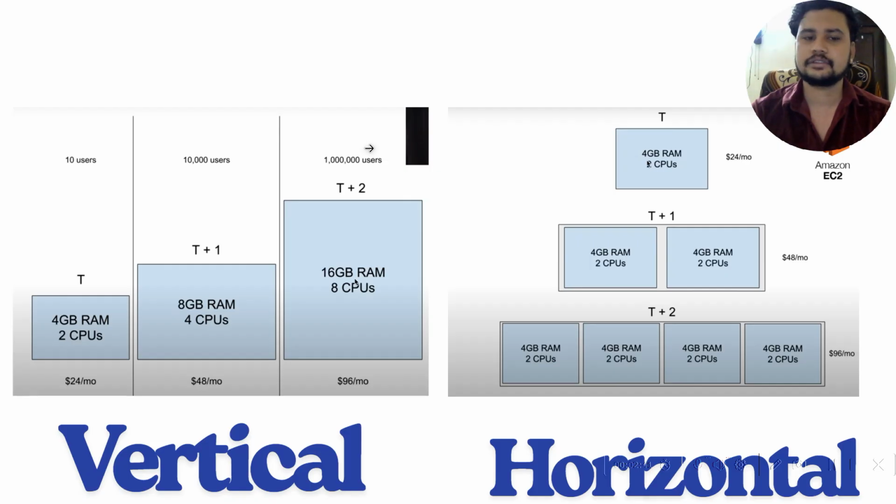Because your application gained popularity, we're gonna scale it vertically from 4 GB RAM to 16 GB RAM, from 2 CPUs to 8 CPUs. Yeah, this is good, but let's consider if the whole server went down, even if you increase the resources, that is not gonna benefit, right? The application will not work.